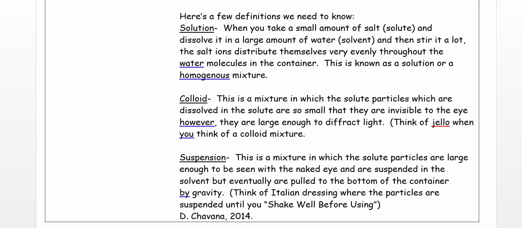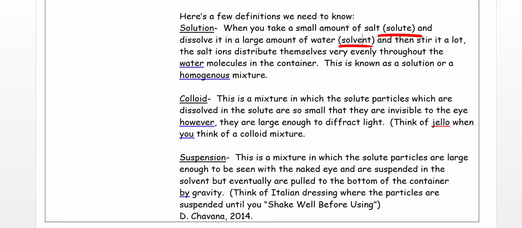The first one, which is one that we're fairly familiar with, is, what is a solution? When you take a small amount of salt, which we're going to call a solute, and dissolve it in a large amount of water, which we're going to call the solvent, and then stir it a lot, the salt ions distribute themselves very evenly throughout the water molecules.